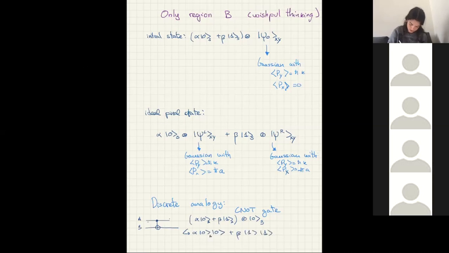Okay. And I told you at the time that all kind of measurement interactions will do more or less this. They entangle the 2 degrees of freedom that we're interested in. So this is what we want.